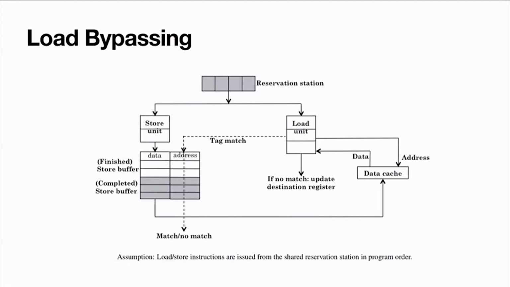And again, when implementing load bypassing, in order to reduce the overhead associated with this store buffer, they generally don't consider the full tag bits. Typically, you can consider like 19 to 20 bits of tag for the address, but you don't need that much tag. You can consider a fewer number of bits, because with fewer bits, tag comparison takes less time, and the total storage overhead is also reduced.